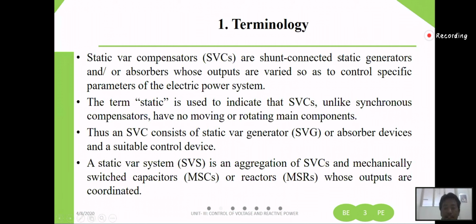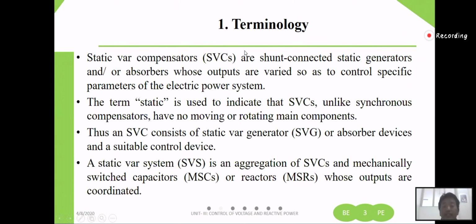It will act as a generator, and at the same time it will absorb reactive power, depending on what you want to control: whether you want to control power, reactive power or voltage, whether you want to absorb or generate reactive power, depending on the specific parameter of the electrical power system. So we employ the SVC.